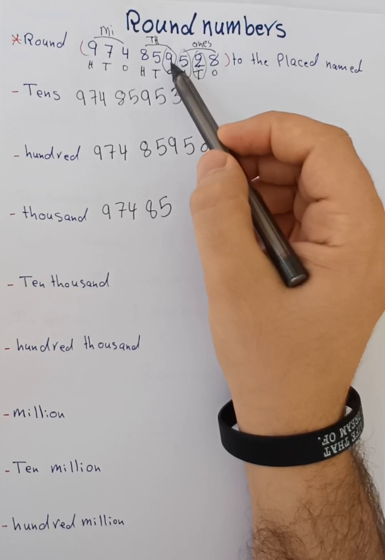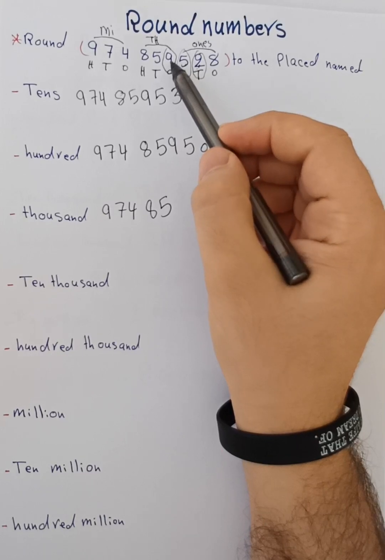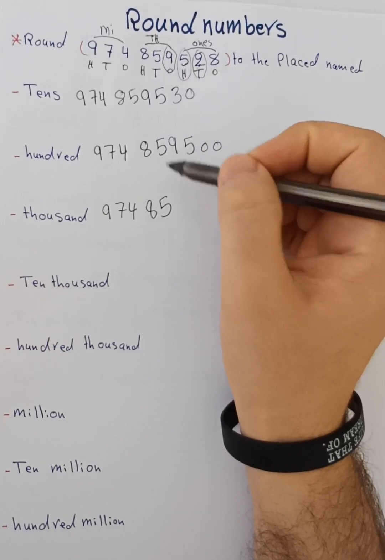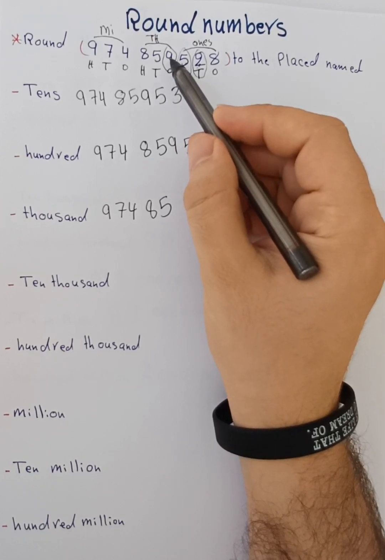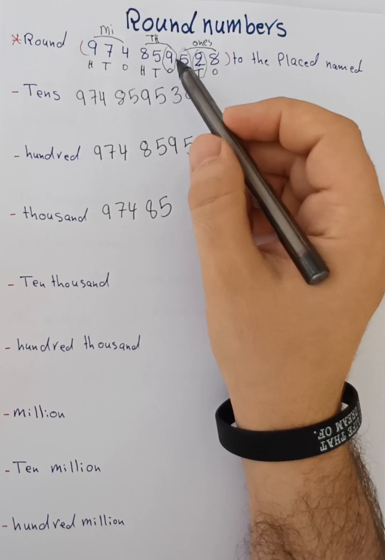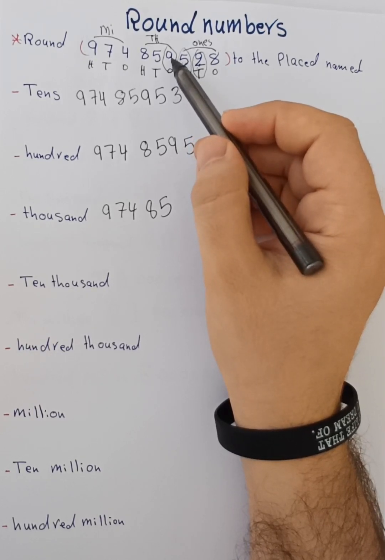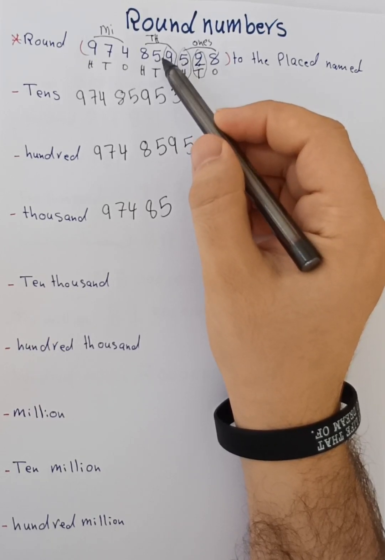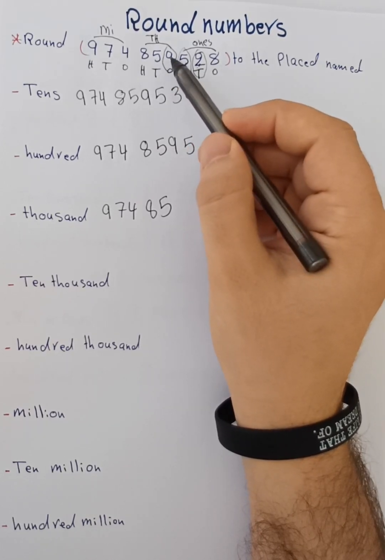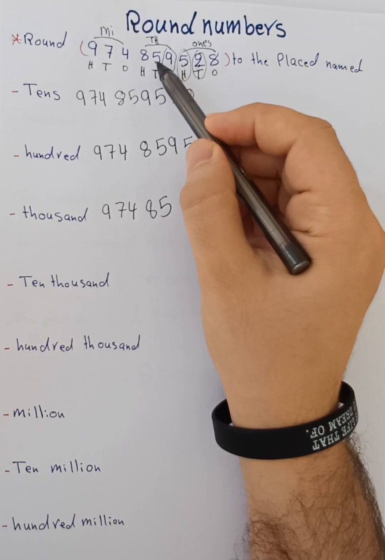So we have 9, but this 9 we can't write 10. So this 9 is not taking this 1, or we can't increase by 1. We have to increase 5 by 1, because before 9 we have 5.